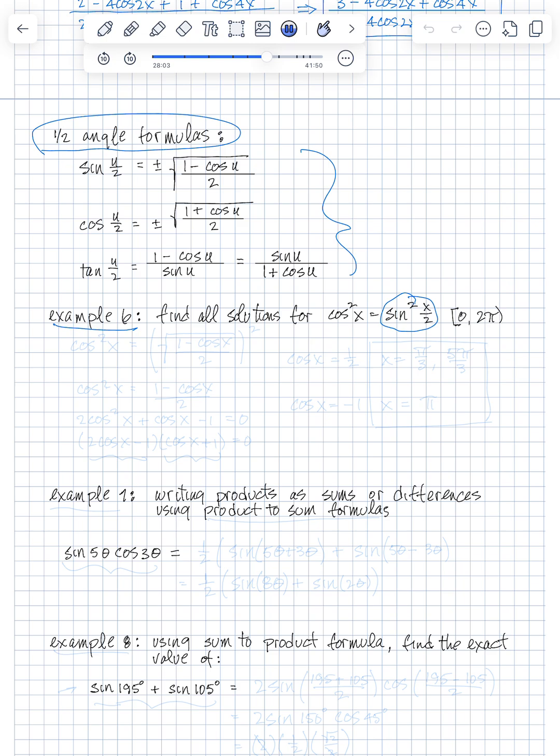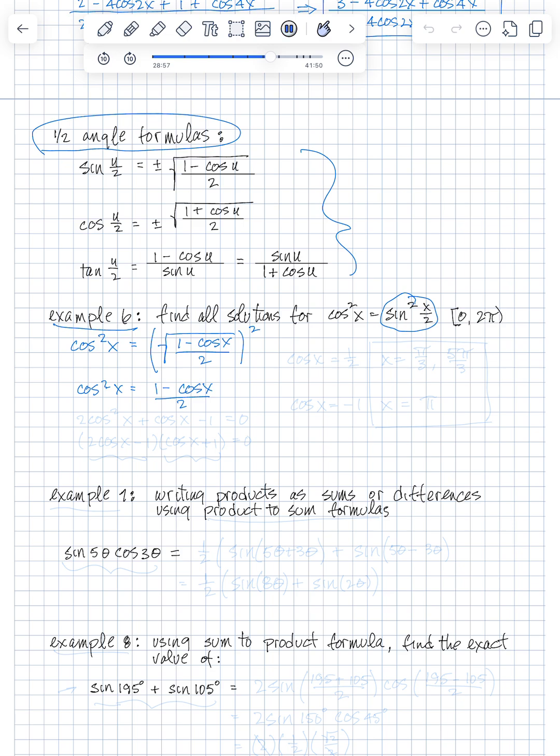We have cosine squared x is equal to sine squared x, and we're going to write that as the square root of 1 minus cosine x over 2, but this has to be squared since it's sine squared, so we'll square it, which essentially eliminates the radical sign, so we can just write cosine squared x is equal to 1 minus cosine x over 2.